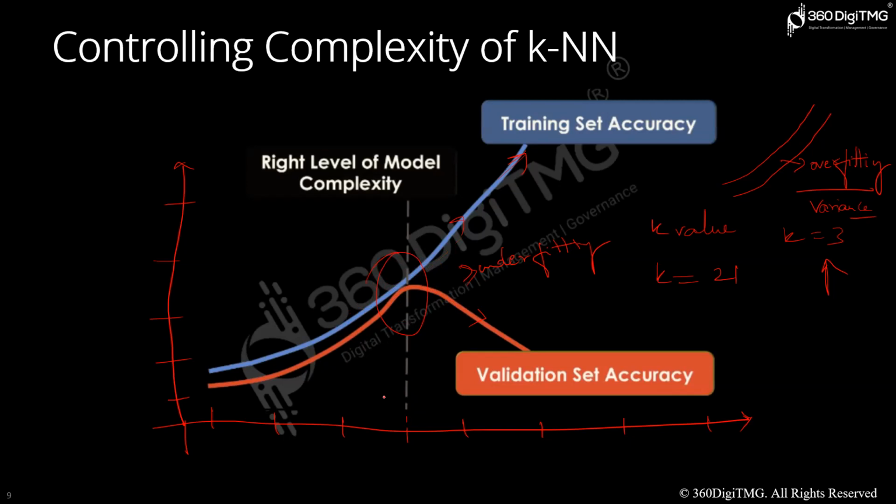And one more scenario here is for this graph: if k is less than 21, we call this underfitting. That means there is still room for improvement.